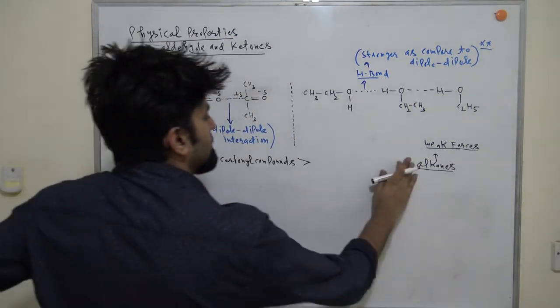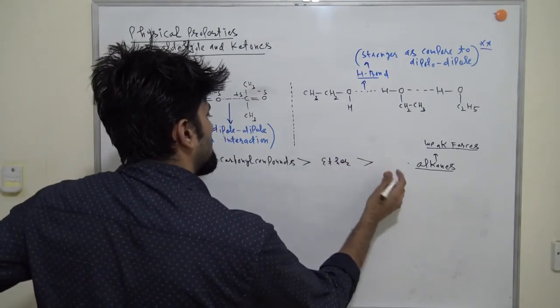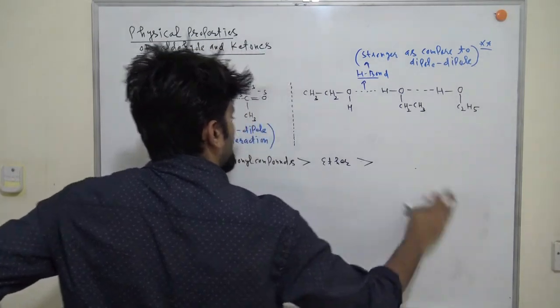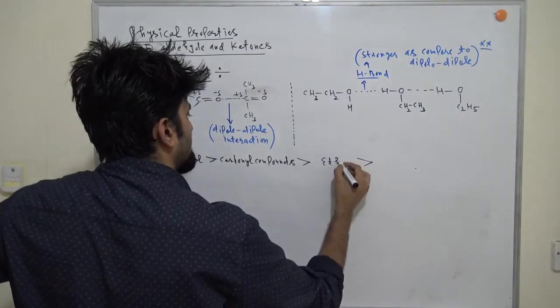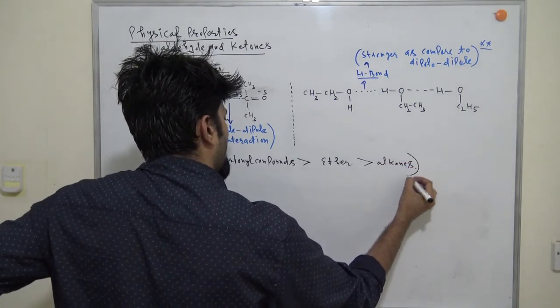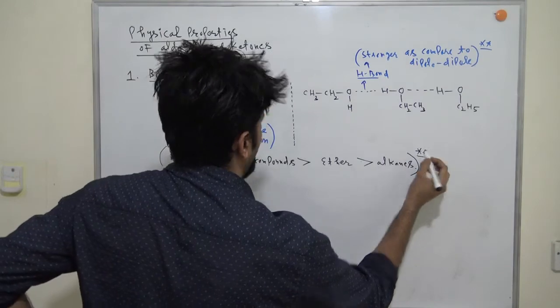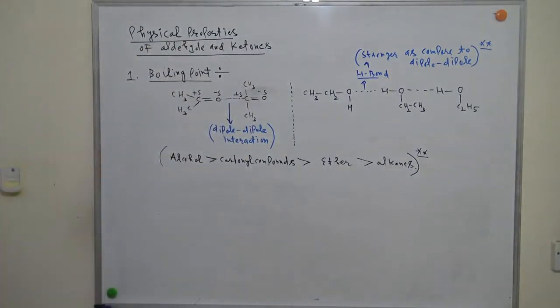So this is the order: alcohol will have more than carbonyl compounds, then ether, and then alkanes.